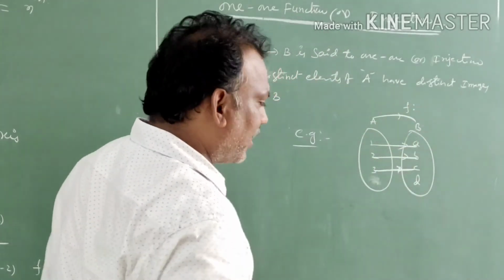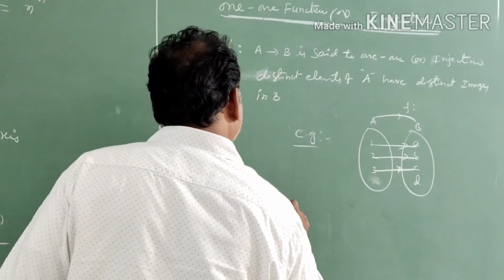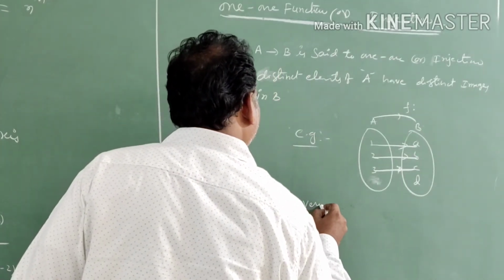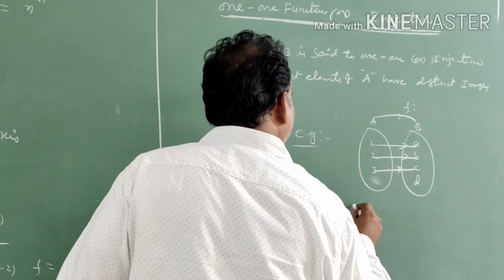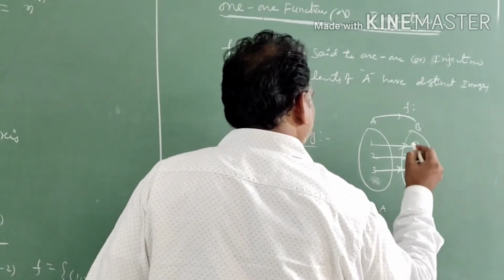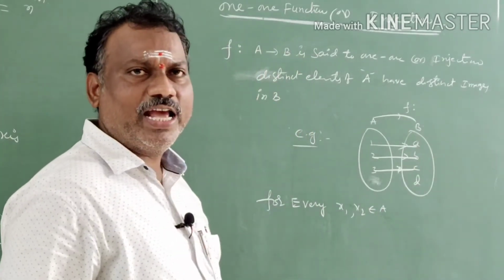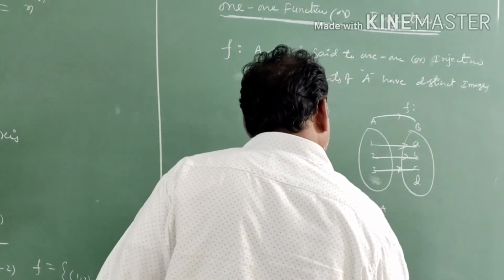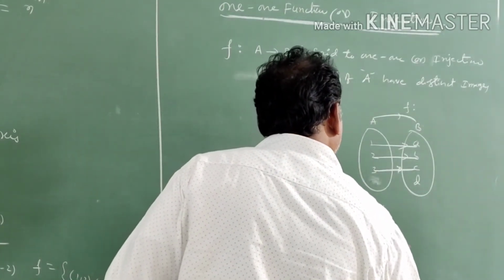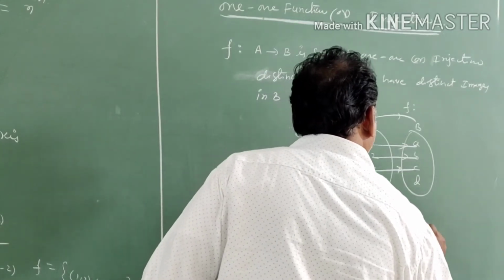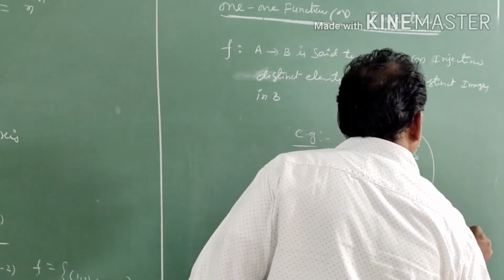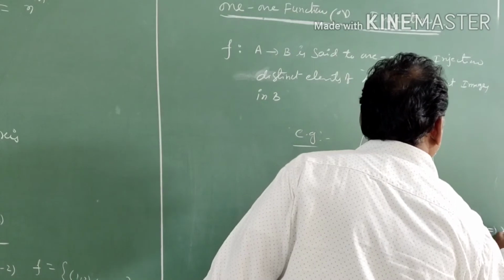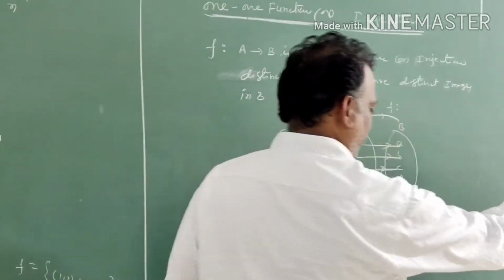What is its mathematical definition? This is very, very important. For every x1, x2 belongs to A, which means nothing but the domain, f of x1 is equal to f of x2 implies x1 is equal to x2.